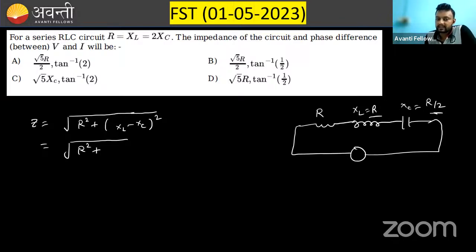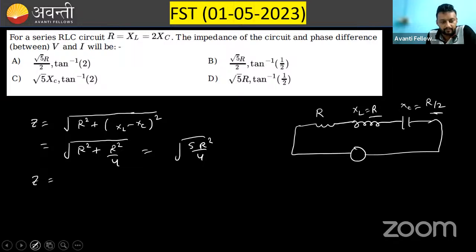So R minus R by 2 is R by 2. If you square it, it becomes R square by 4. So root of 5R square by 4. R can be taken out, that is R by 2 root of 5. So R by 2 root of 5 is in option A and option B, so we cannot predict the exact answer.